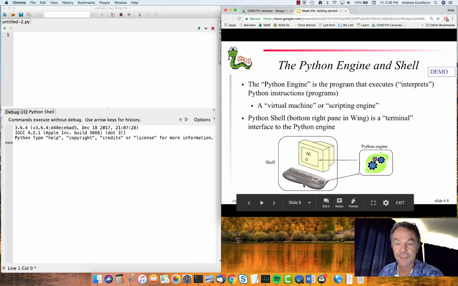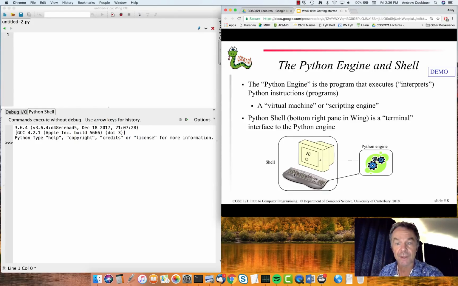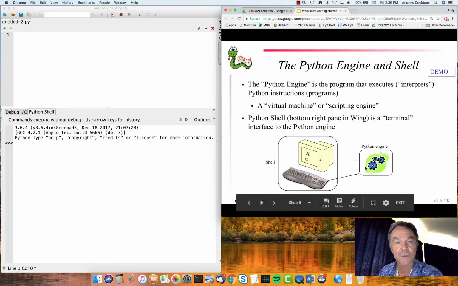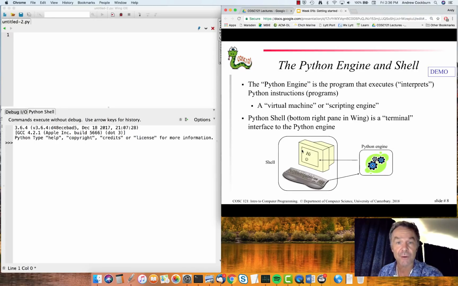If the user types an instruction of some form into the Python shell and presses return, that instruction is sent to the Python engine, which interprets that instruction, and that may result in some output being shown to the user. So we'll have a look at that today, including using some very simple programming constructs, expressions.